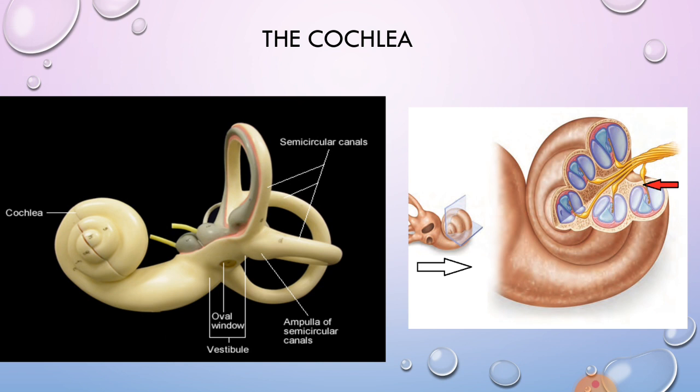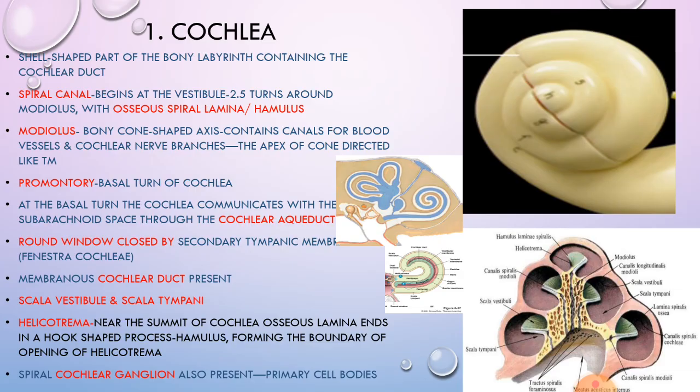Okay, the next part is cochlea. The cochlea is the shell-shaped part of the bony labyrinth containing the cochlear duct. We say that it is shaped like the shell of a snail. It is a tube wound 2 3/4 turns round a central bony pillar called the modiolus.